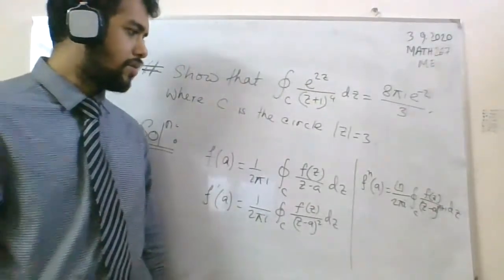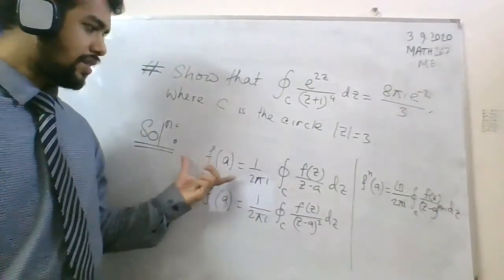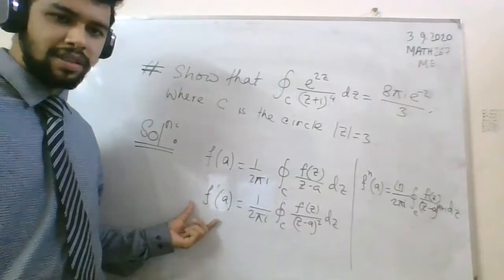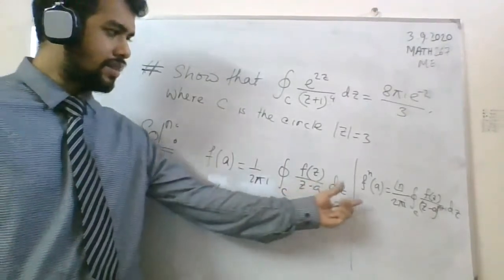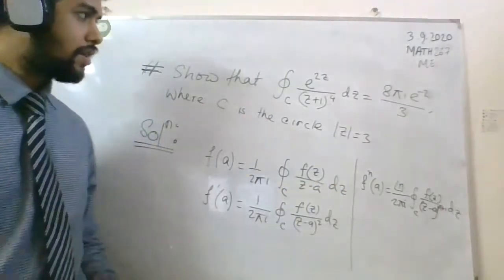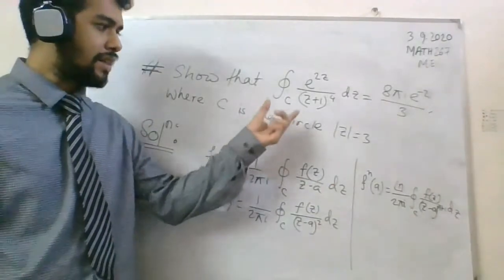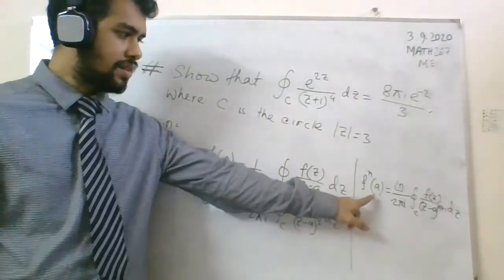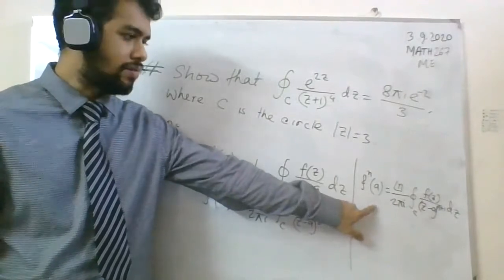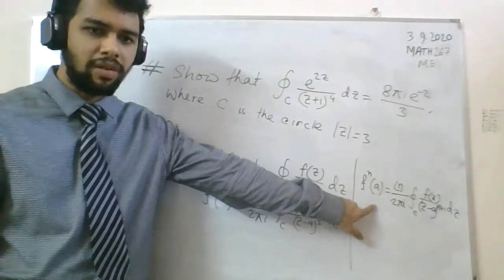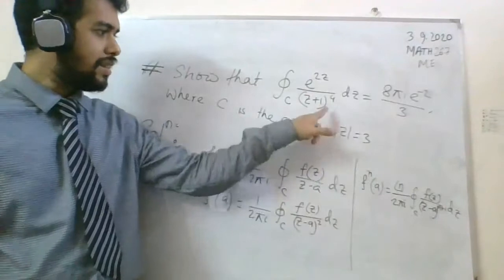Okay. So this is the Cauchy integral formula, this is for the first derivative, and this is for the higher derivative. For this problem, you can apply this formula, the Cauchy integral formula for higher derivatives.